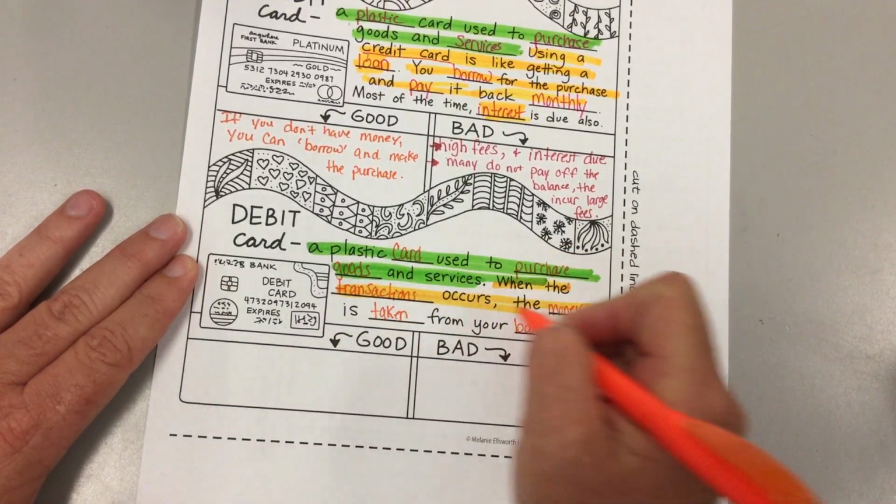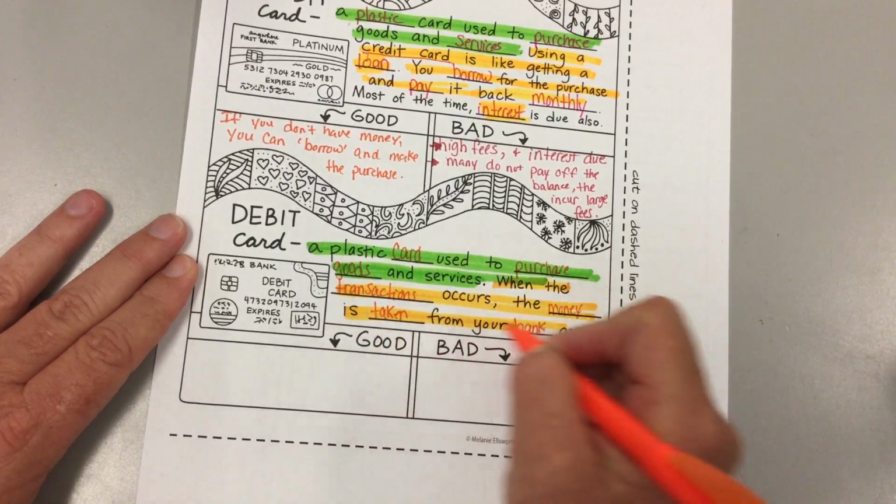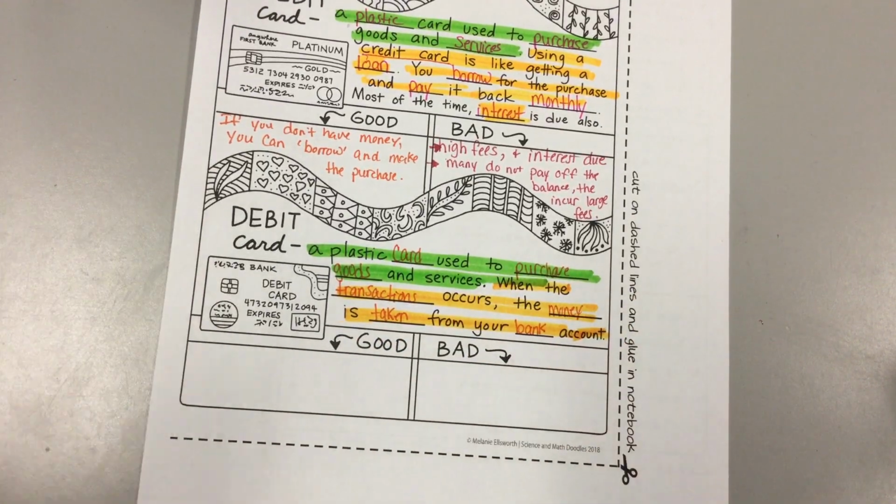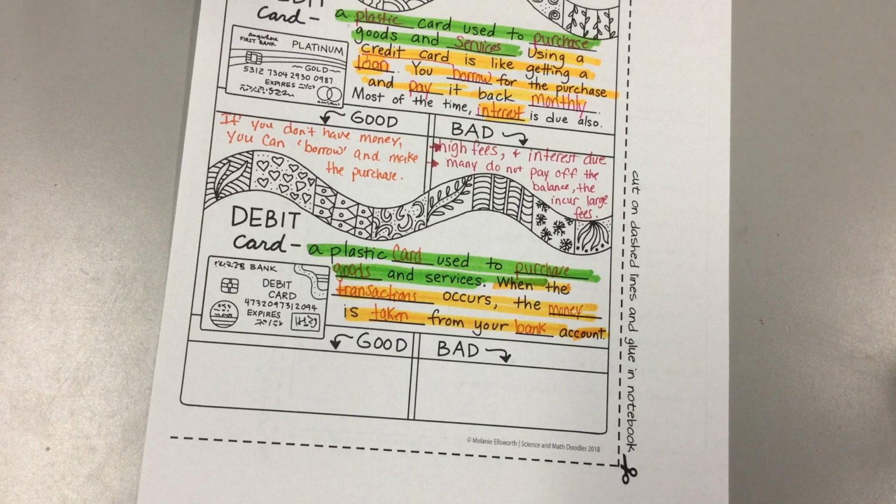So this is the difference. When I use my debit card, is it a loan? No, that's the money I have in my account. That's my money, right? I'm not going to get any interest fees because that's my money. It's like going to the bank and paying cash with it. The only difference is you're not having cash, it's just a card.